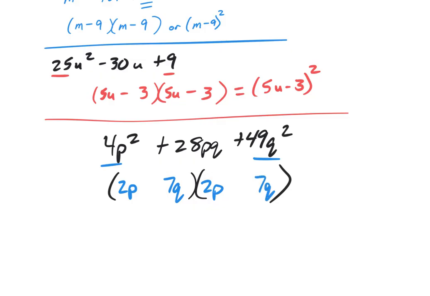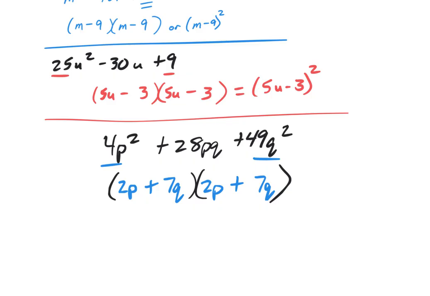So this one we have to include the q along with the 7. And then we look at the sign. As long as we have a perfect square trinomial, if this is positive, these will both be positive. Up here, this one was negative, so these were both negative. So in this case, both are going to be positive.